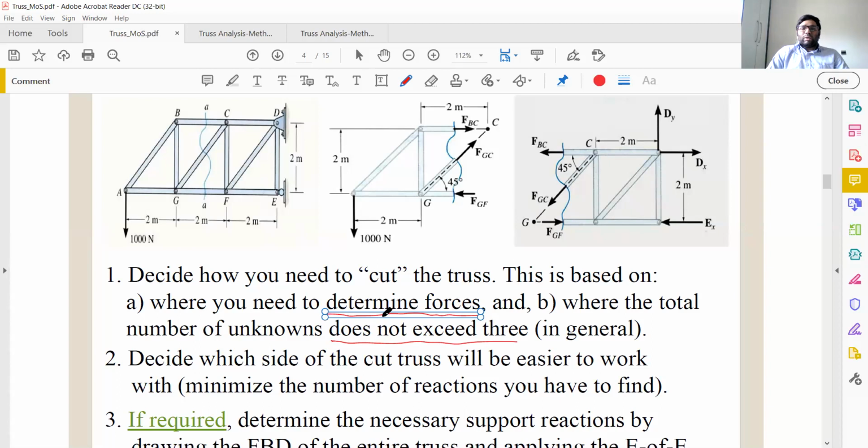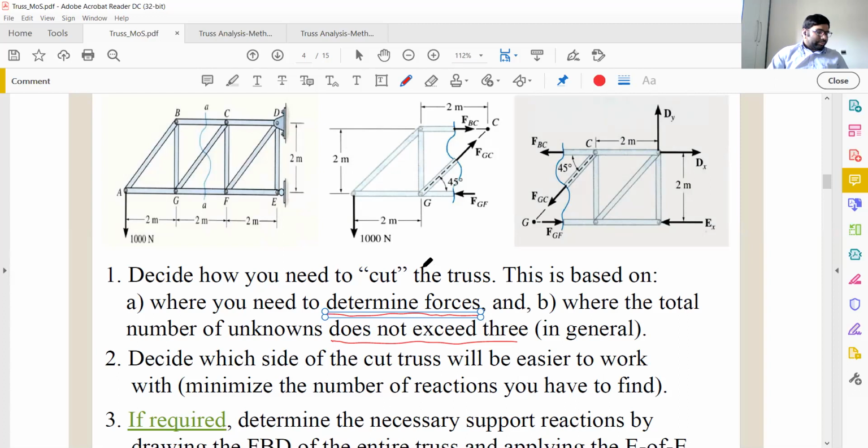So what are the two main factors we need to consider before cutting? Where we need to determine the forces, and at the same time where the total number of unknowns does not exceed 3. If these two conditions are satisfied, we can appropriately choose that and cut the section.